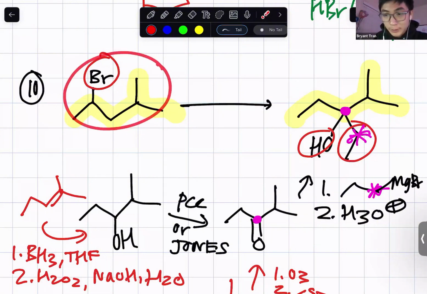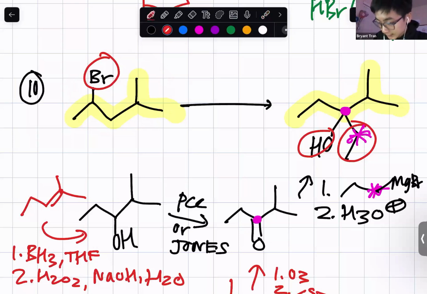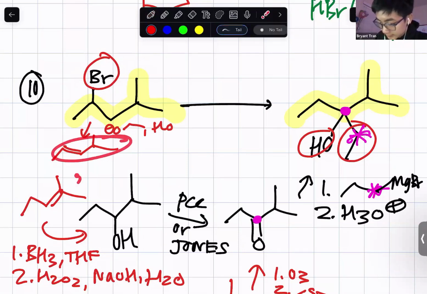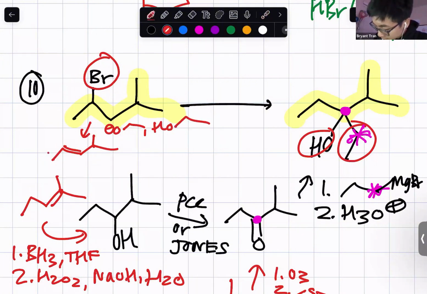This is not an alkene, so we want to use a small base like methoxide to create the more stable alkene right here. So we want to do E2 here using a small strong base like that. But this alkene here is not this alkene. There's one more step we have to do here to convert that less stable alkene to the more stable alkene, which is isomerization, H2SO4 with heat.